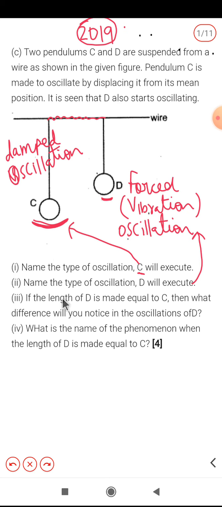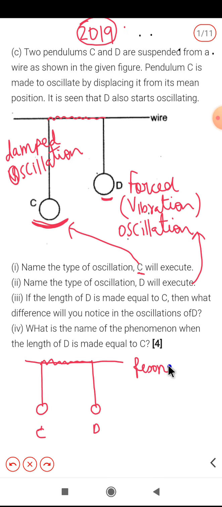Now, further, if the length of D is made equal to C, then what difference will you notice in the oscillation of D? If the length of C and the length of D are equal, then what will happen? Obviously, the energy will get transferred to D and resonance will occur, because they both have the same natural frequency.